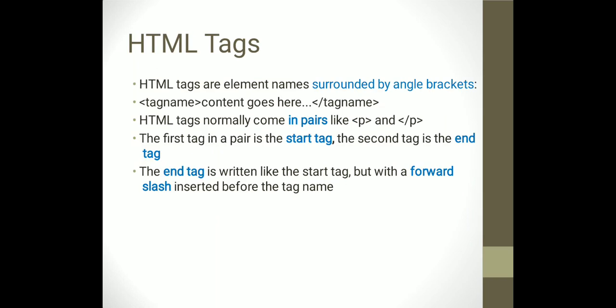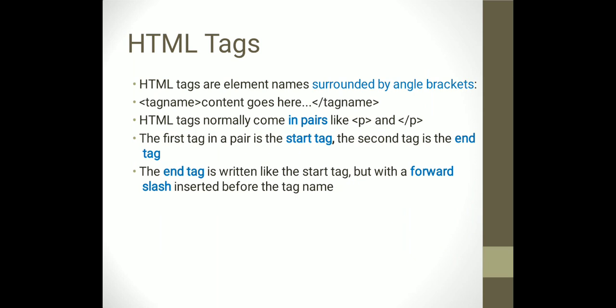These tags or element names are surrounded by angle brackets. We open the angle bracket, write the tag name and close the angle bracket, so this becomes a tag. Most of the tags have closing tags as well. There are a few tags that do not come with a closing tag, but most tags in HTML have ending tags.